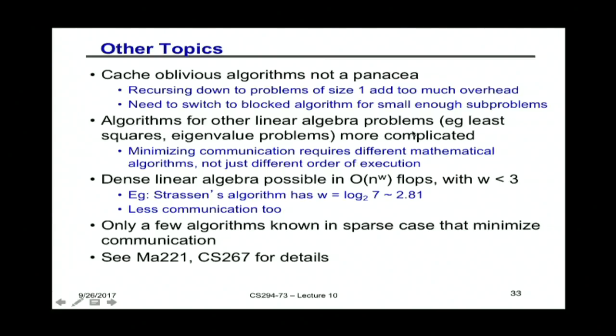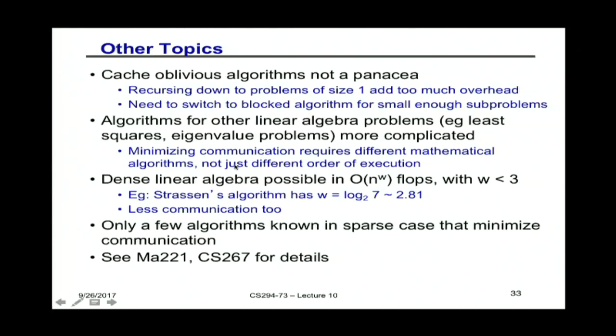And then another thing is, suppose you want to reduce the number of floating point operations. There are some algorithms to do that. Right now, in most of the common libraries, the algorithms we implement are of order n cubed operations. There are algorithms of order n to the w, where w can be smaller than 3.